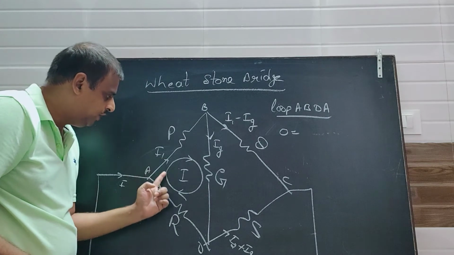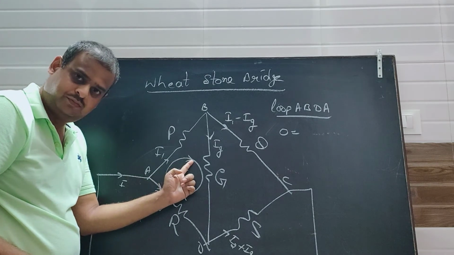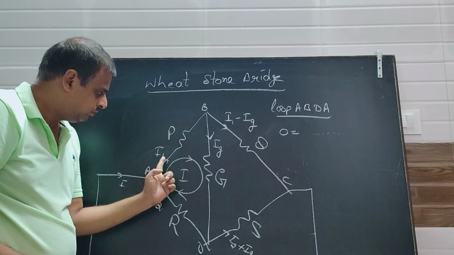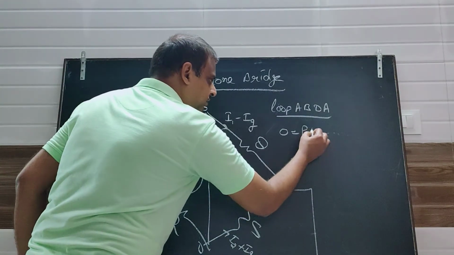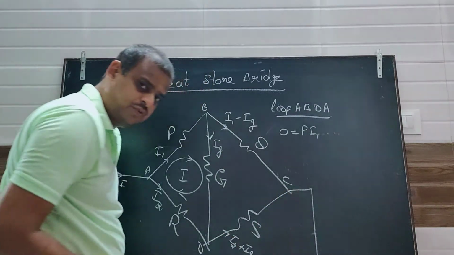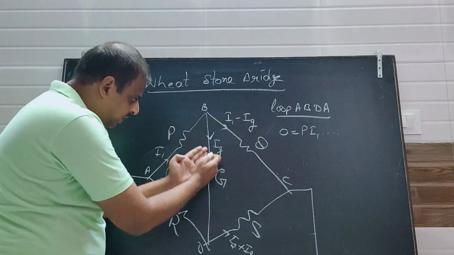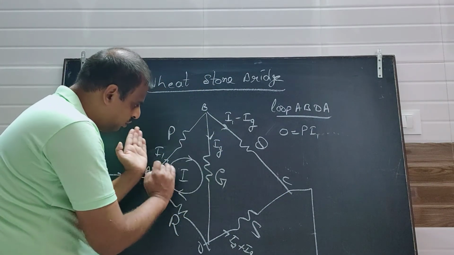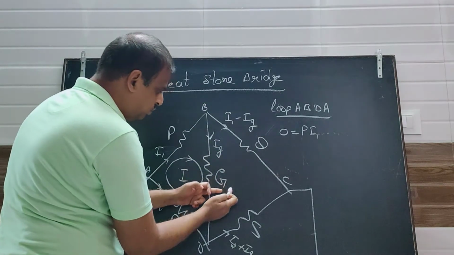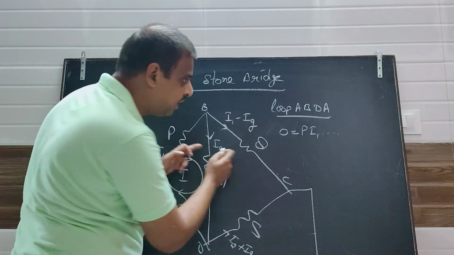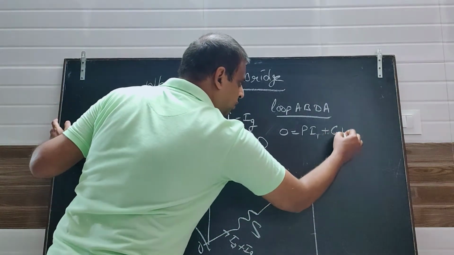Current is moving in the direction of the loop, so current into resistance is positive. Current is moving in this direction, loop is moving in this direction, both are in the same direction. So G into Ig, P into I1 is also positive.